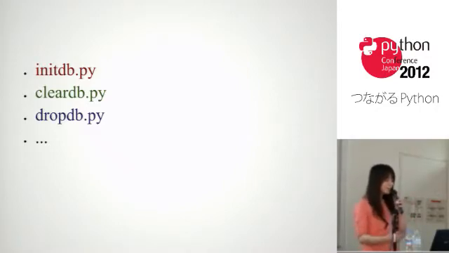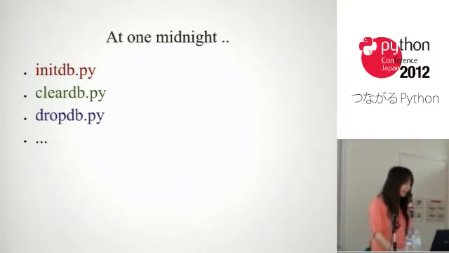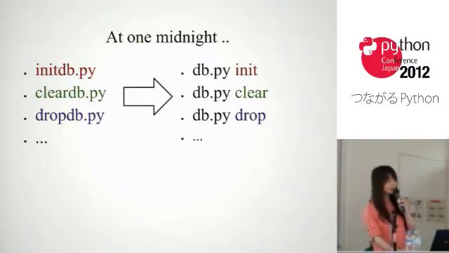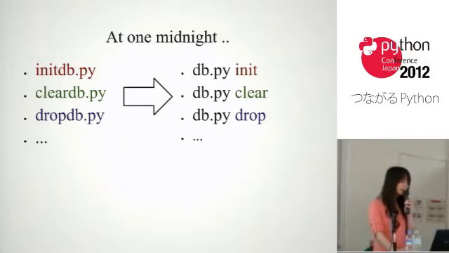So repeat and repeat. At one point, I decided to merge them into one script, because they use the same code for making a connection with the database, and it would be hard to maintain if I continually wrote new scripts.